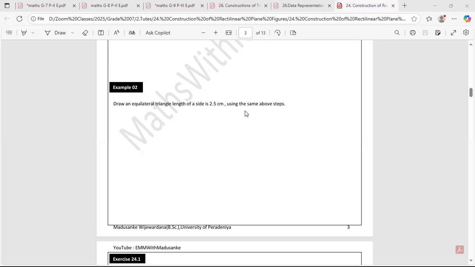Otherwise it is up to you to mark or keep it as it is. Now for this one, no need to actually mark A, B, C or X, Y, Z, but if you want, you can mark.